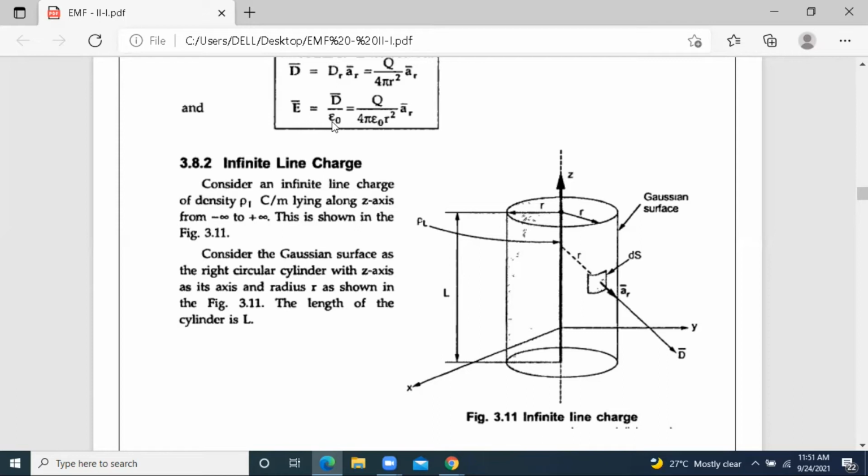If you have a different medium, like water, like gel, whatever your charge is in, as long as the medium is different, then your permittivity changes. So E equal Q over 4 pi epsilon naught R square AR. If it was not free space, your epsilon naught would be replaced by the permittivity of that medium.